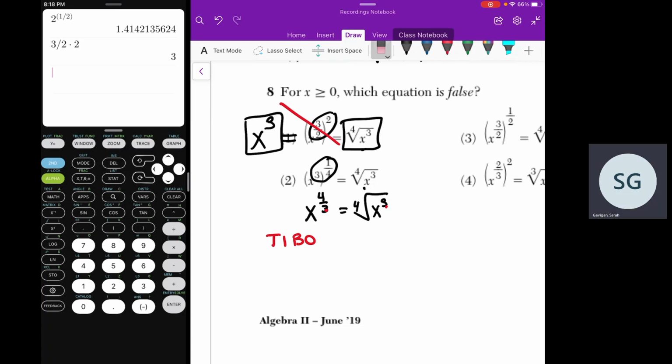Oh, how about I write that the right way? 3 times 4 is 3/4. So top goes inside, like I have here, and the bottom goes outside, like I have there. So in order to convert this, bottom outside, top inside, and that does equal the other side. So this is true.